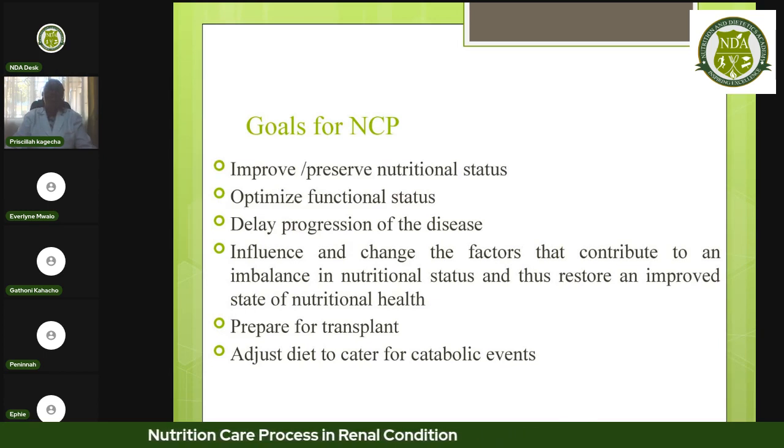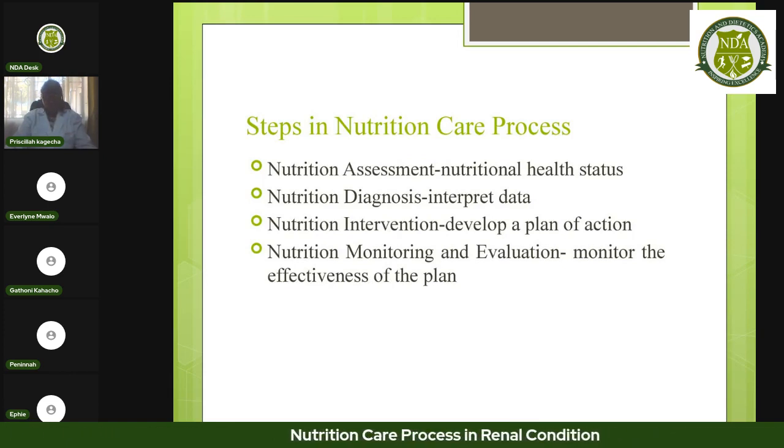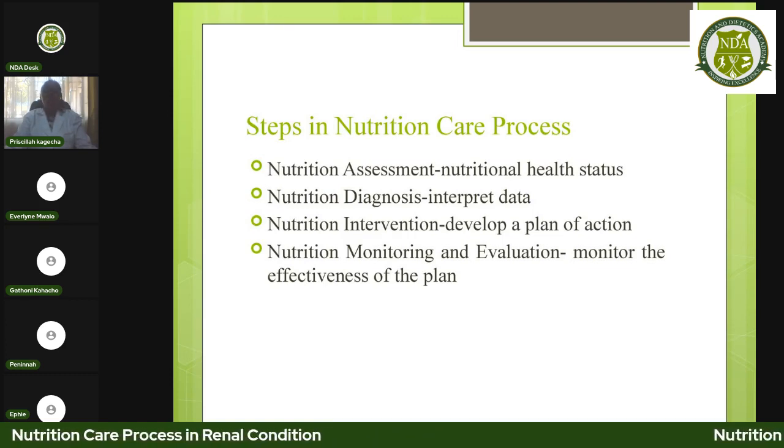So we start from the first one, which is nutrition assessment. In nutrition assessment, data is taken in order to make decisions about the nature and cause of any nutrition related problems.